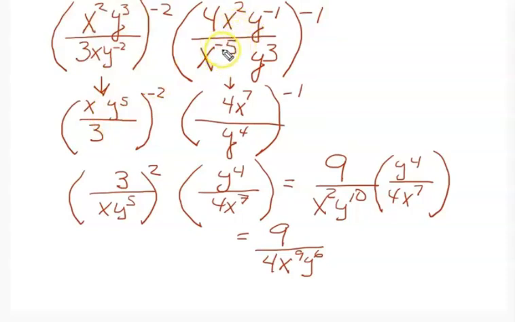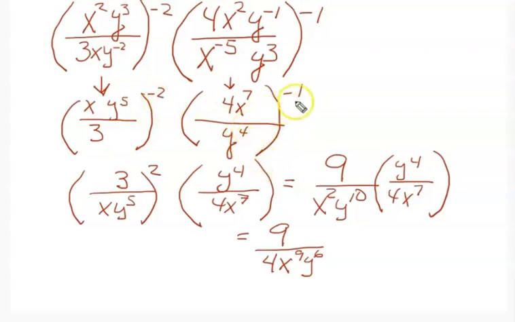I brought the negative 5 up. This becomes x to the 7th. The 4 stayed there. Brought this down and became y to the 4th and kept the exponent outside. Then to change the exponent from negative, I just flipped this, or took the reciprocal, and made the exponent positive.